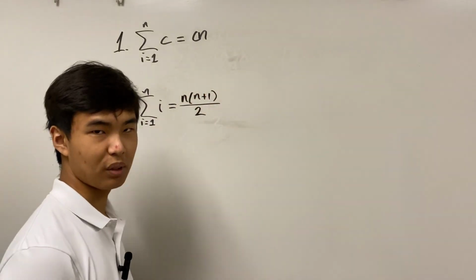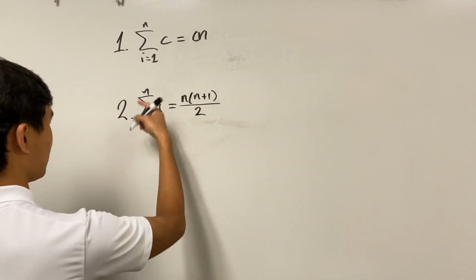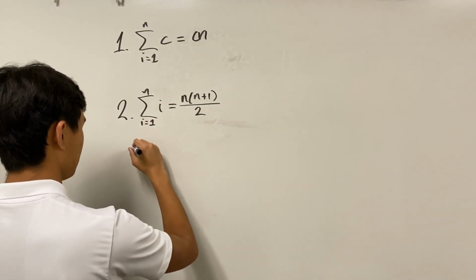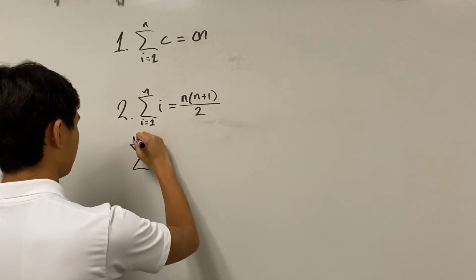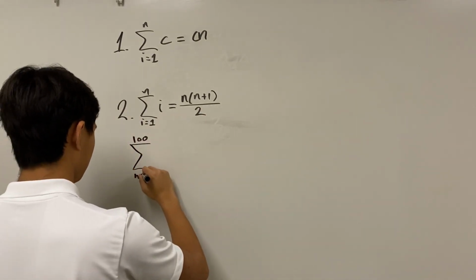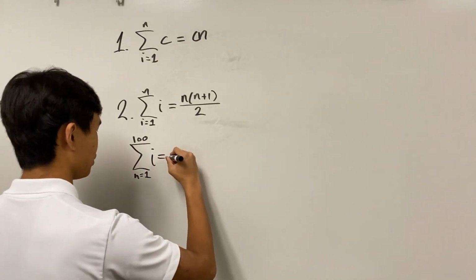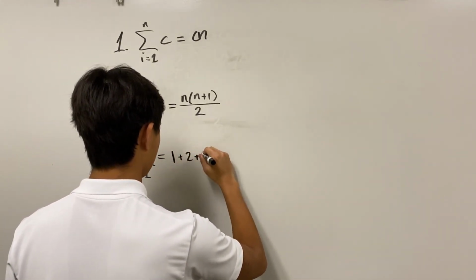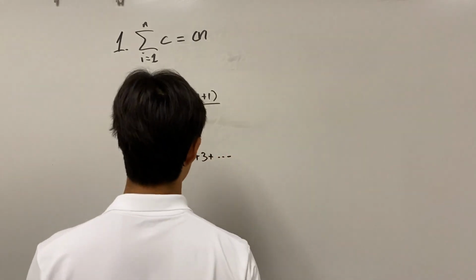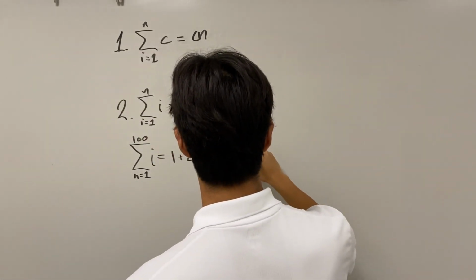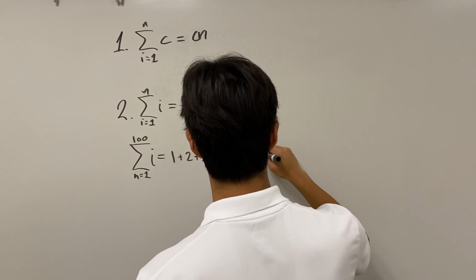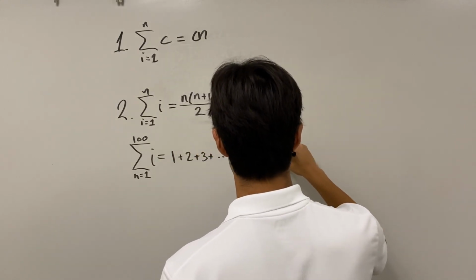The most famous example of this is the sum of 100, or sum to 100. So consider this. This is equal to 1 plus 2 plus 3 plus, so we get 2, plus 98 plus 99 plus 100.